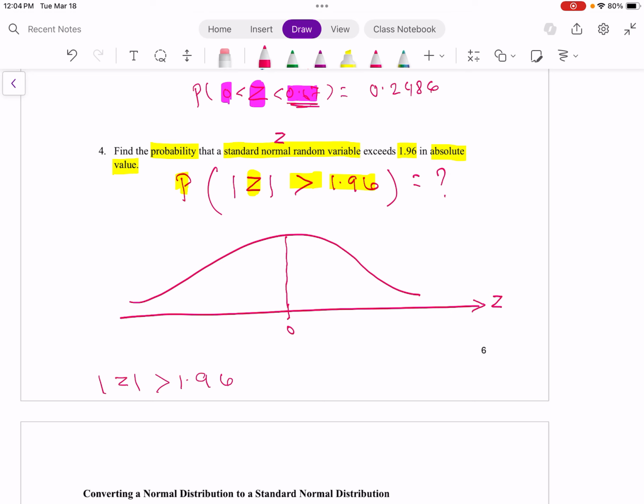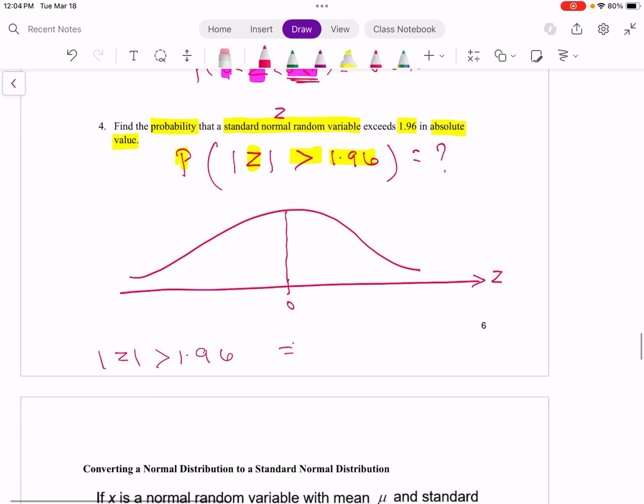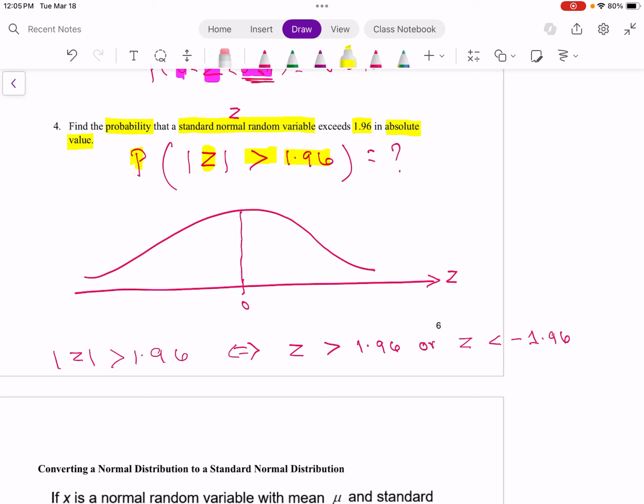And this is the same as g greater than 1.96 or g less than negative 1.96. So we can rewrite this absolute value inequality without the absolute value sign, and that will be g is greater than 1.96 or g is less than negative 1.96.